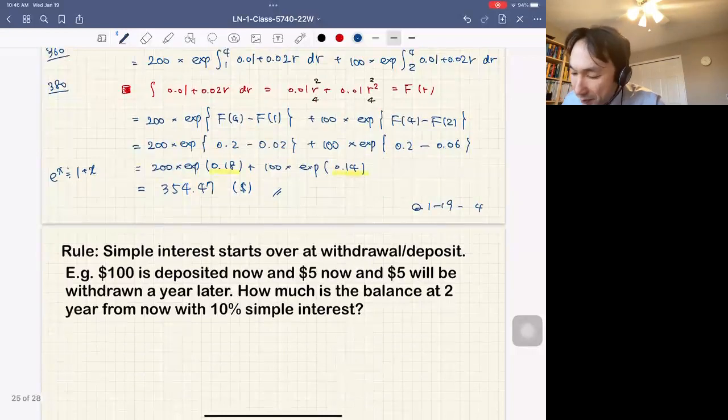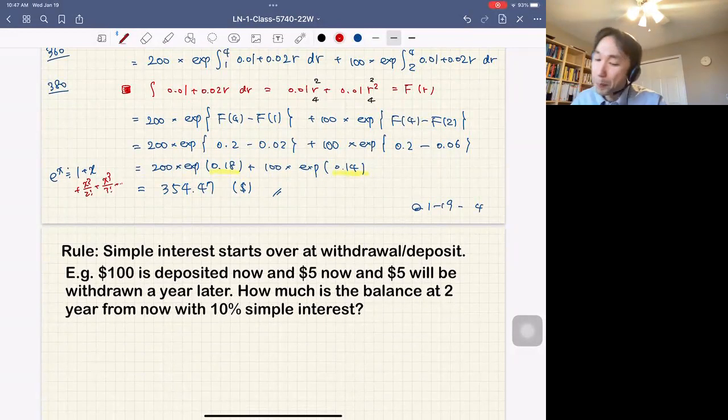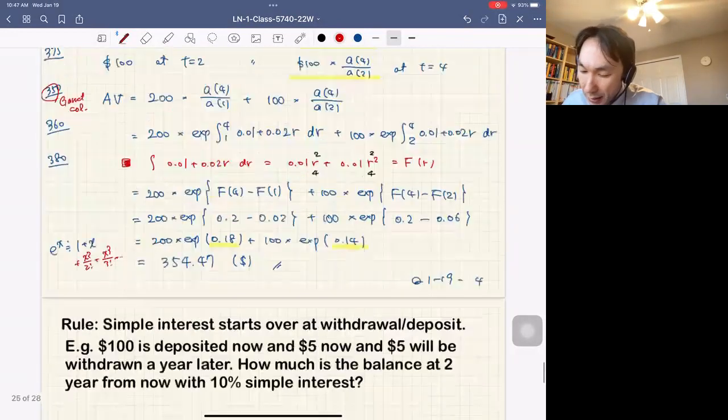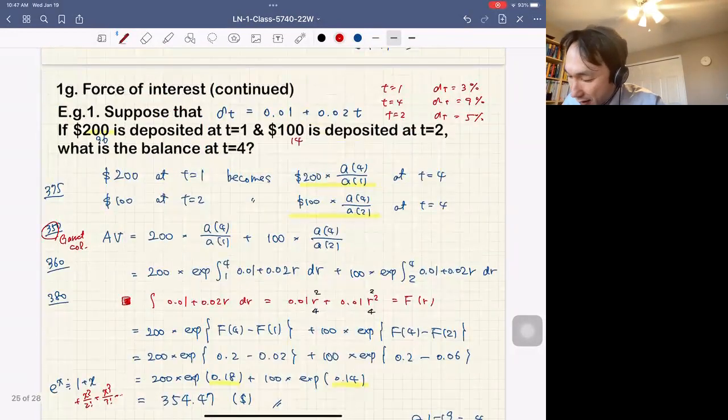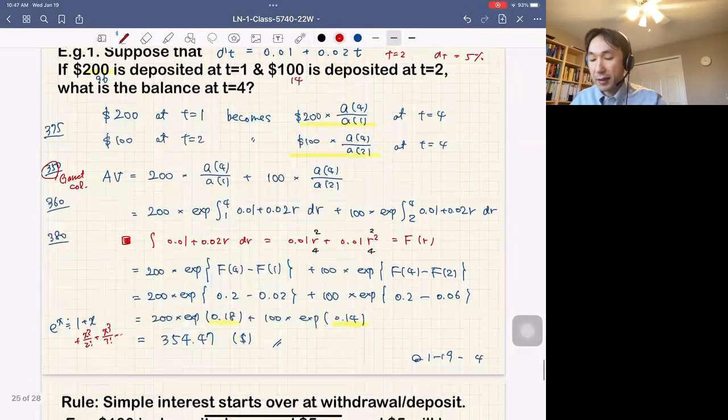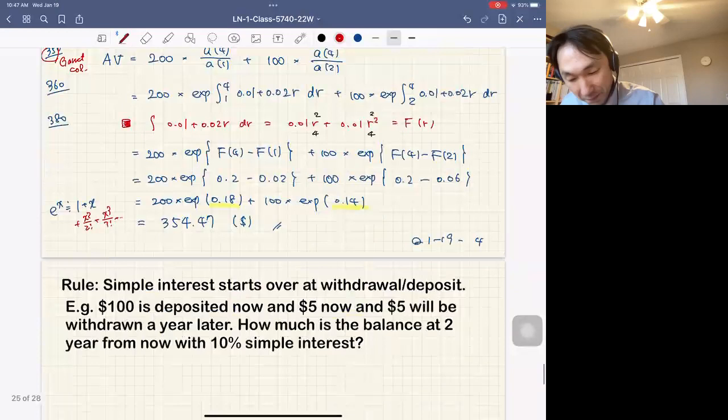But we have some error because the exponential has a second term, third term, and so on: x squared over 2, x cubed over 3 factorial. These are ignored, so I underestimated the number. But I think all the answers are pretty reasonable. You have a good sense of numbers.